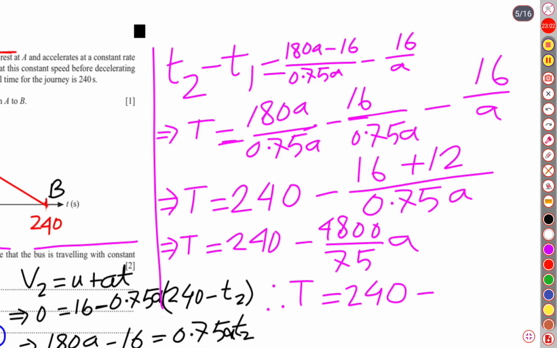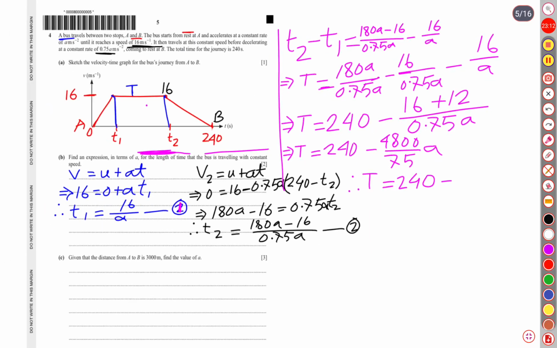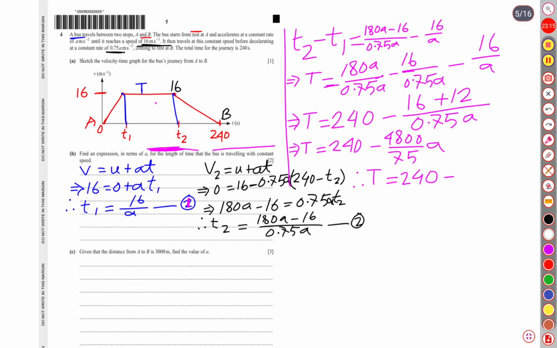The HCF between 4800 and 75 is actually 25. So by 25, if we divide 4800, it is going to be 192. Yes, I made a mistake over here.